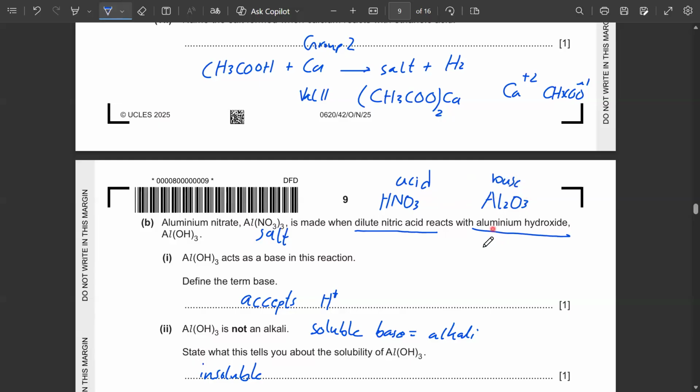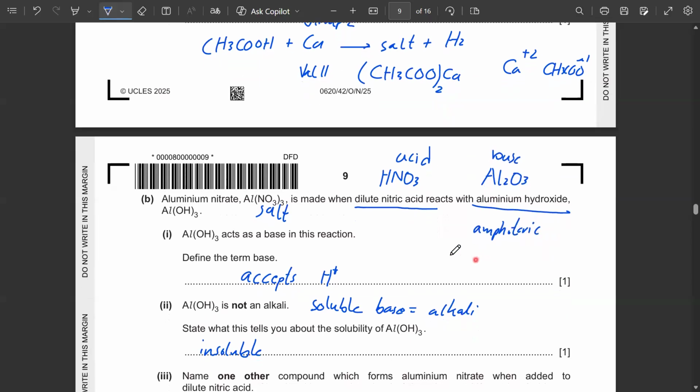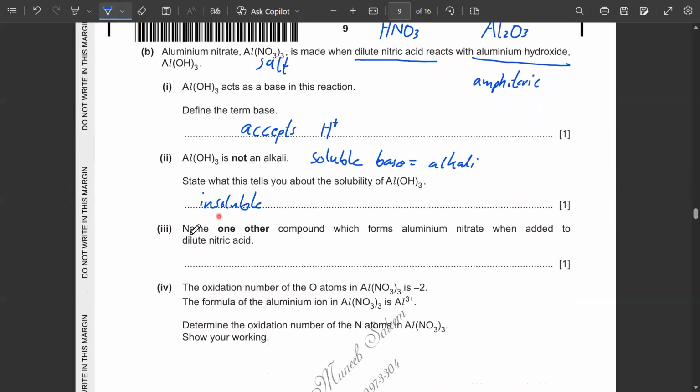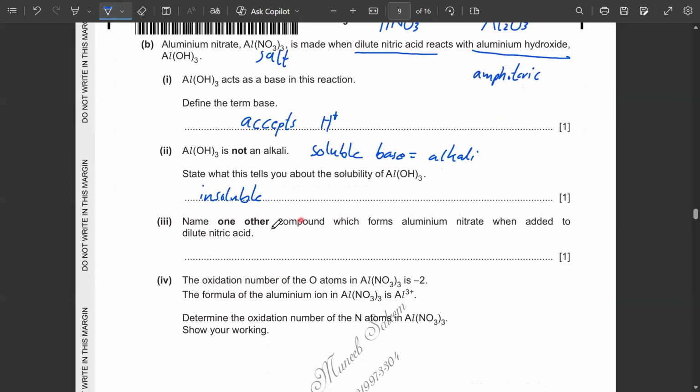Otherwise, aluminum oxide is amphoteric, but it becomes a base in front of a strong acid, and it becomes an acid in front of a strong base. So we write the name. So aluminum oxide is the name. Aluminum oxide.